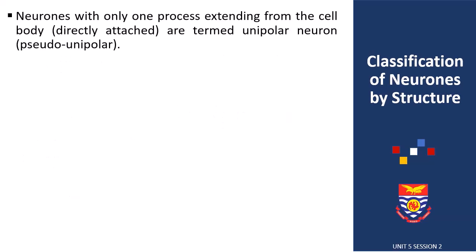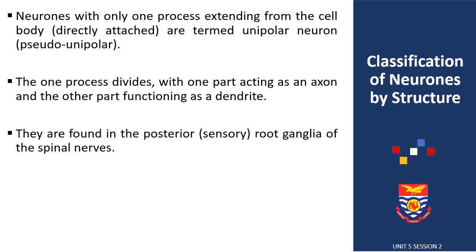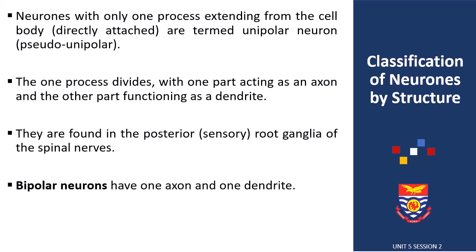Unipolar neurons, also referred to as pseudo-unipolar, have only one process that extends from the cell body, and it is directly attached to the cell body. This one process divides into two, whereby one part acts as an axon and the other part functions as a dendrite. They are normally found in the posterior root ganglia of the spinal nerves.